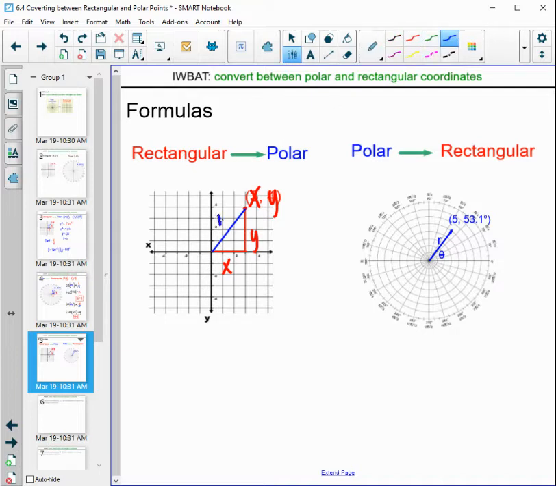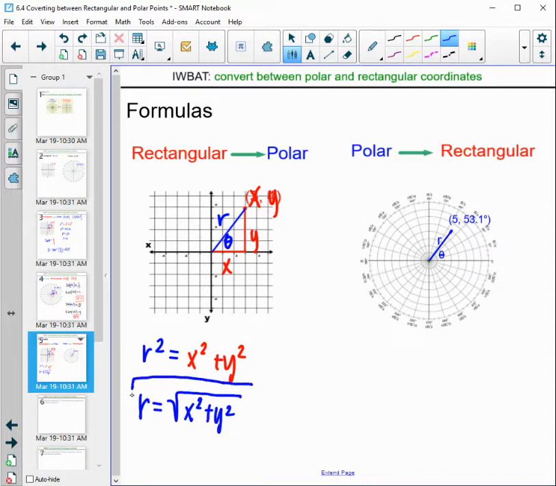So you're looking for this and you're looking for this. Remember, we found r by saying that r squared was equal to x squared plus y squared, the x coordinate squared plus the y coordinate squared. You would square those out and then you would square root both sides. So your r is going to be equal to the square root of whatever x squared plus y squared is. That's how you find r.